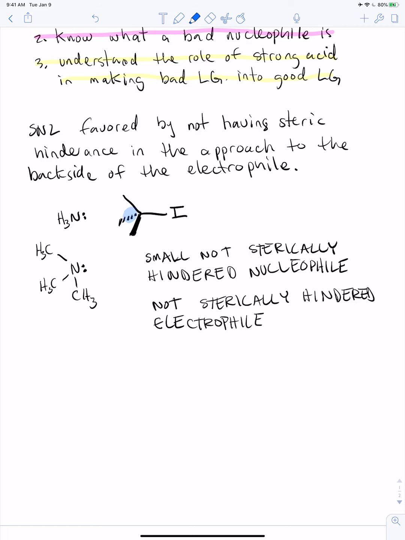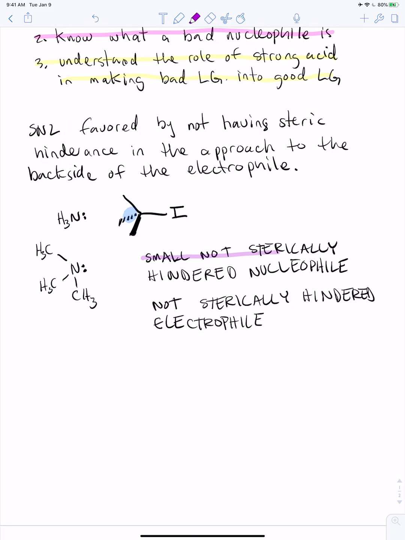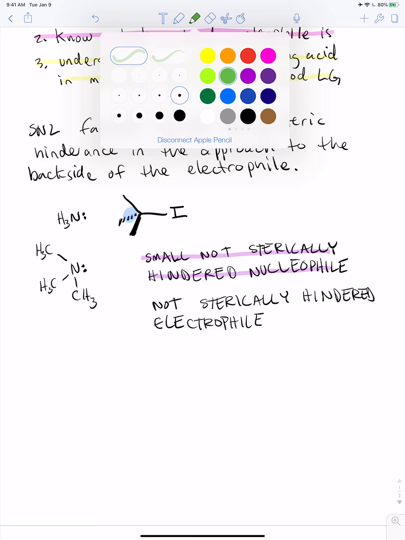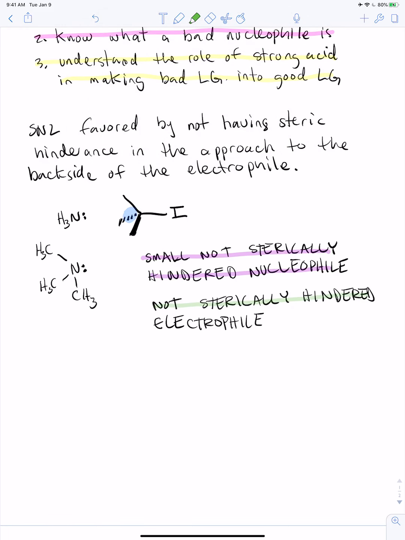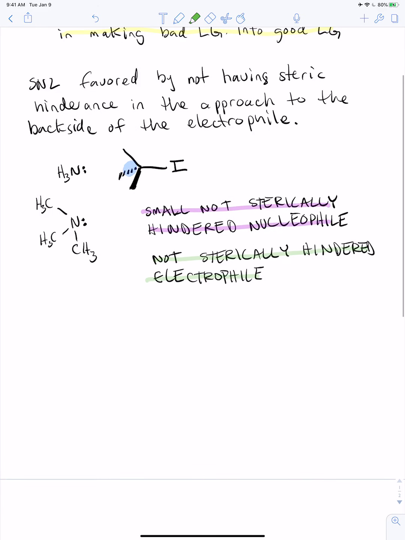So these are kind of our two rules here. We don't want the nucleophile to be sterically hindered. And as we discussed in previous talk, we definitely don't want the electrophile to be sterically hindered. Both of these things favor SN2. So you want it small and not sterically hindered. You want to get rid of sterics altogether.